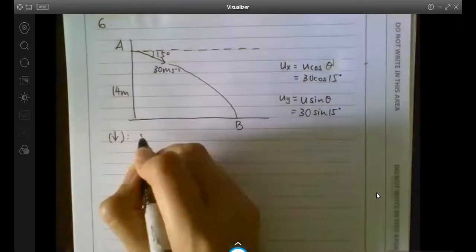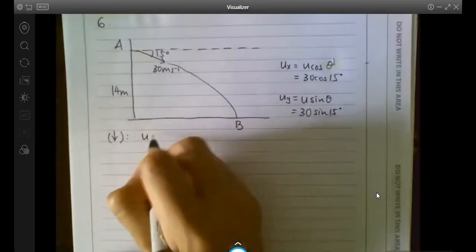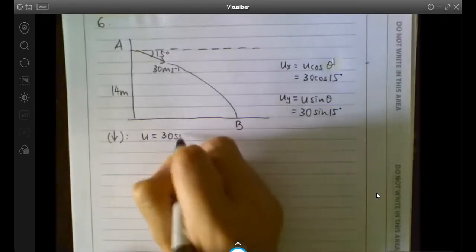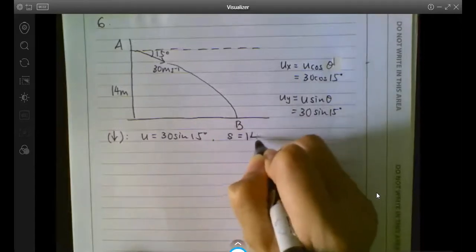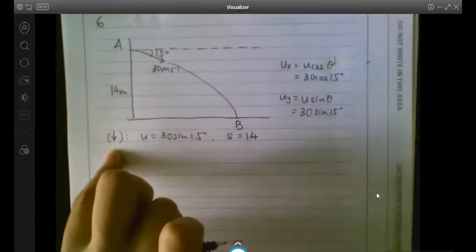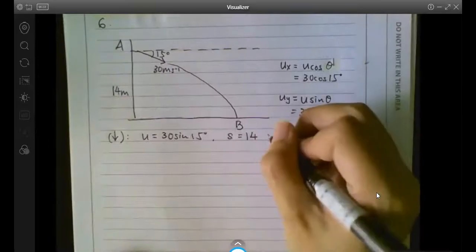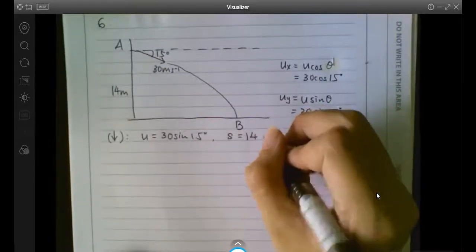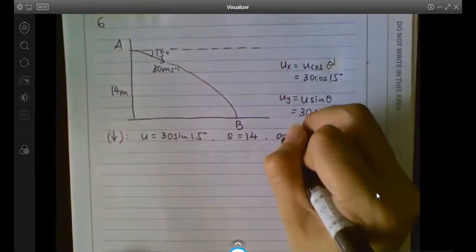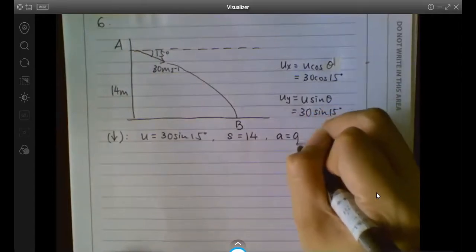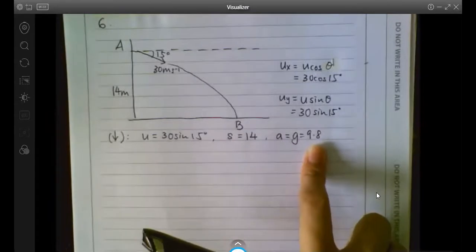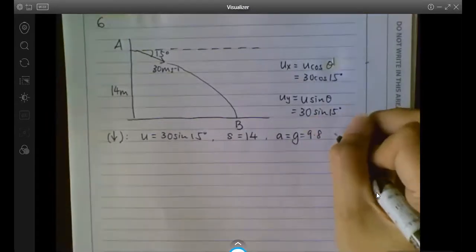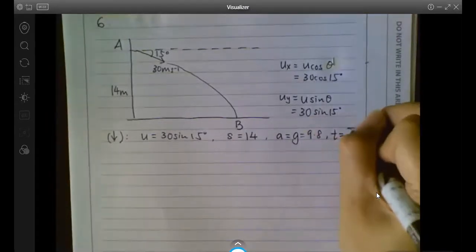Then my U will be 30 sine 15. My S will be 14 because down is positive, right? And A is 0. And my A will be g, which is 9.8. Since down is positive, g is also positive. And we want to find t.